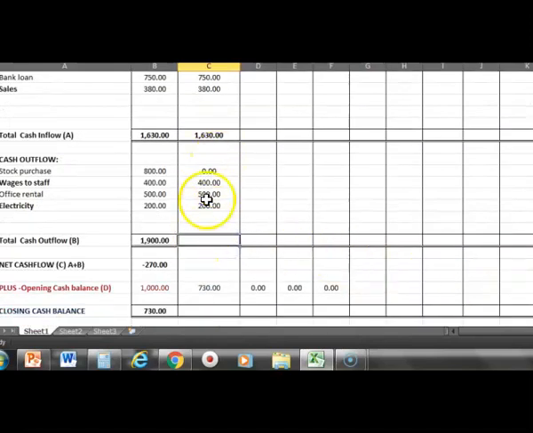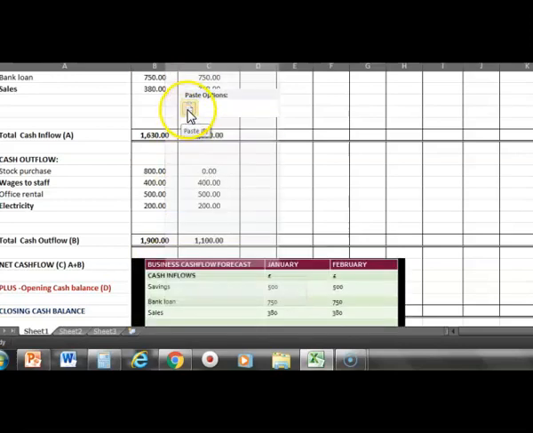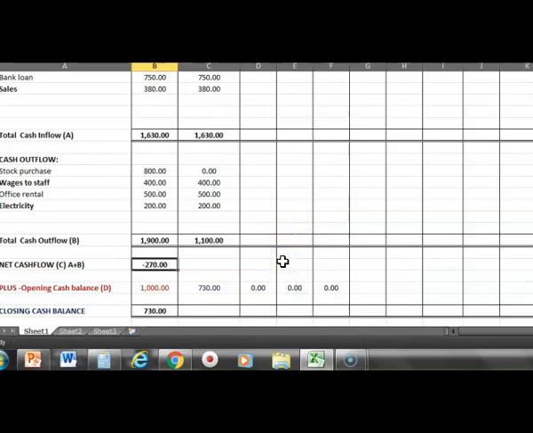So when we do the calculation, now we're going to add all this together. So the 1,000 there, and then for the net cash flow, we do the same calculation, which is A minus B. I'm just putting the formula in there, A minus B, which is that.